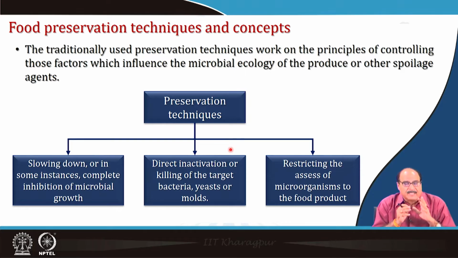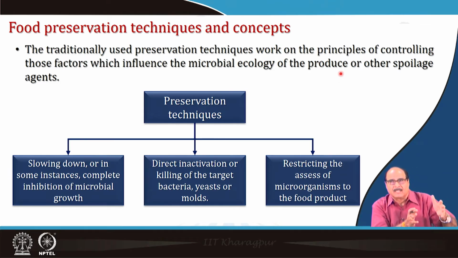The traditionally used food preservation techniques work on the principle of controlling the factors which influence the microbial ecology of the produce or other spoilage agents, and there are three sets of factors. One set slows down or in some instances completely inhibits microbial growth, and accordingly there is one set of preservation and processing technology.